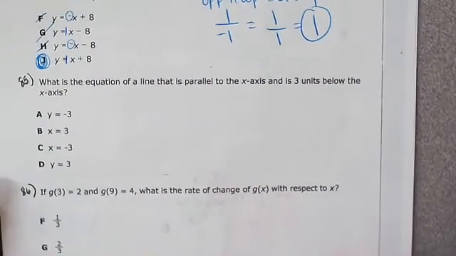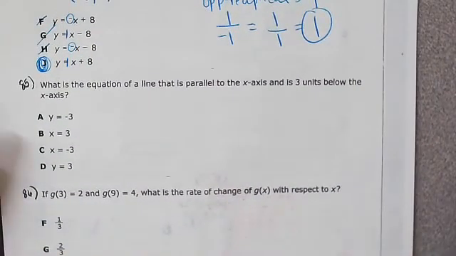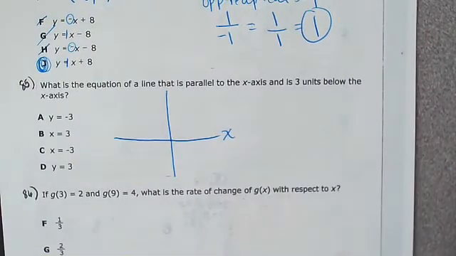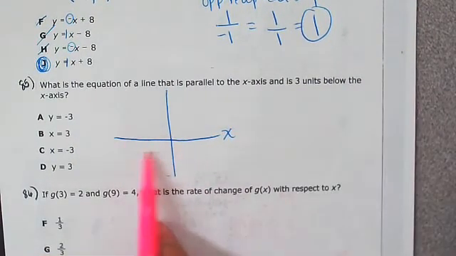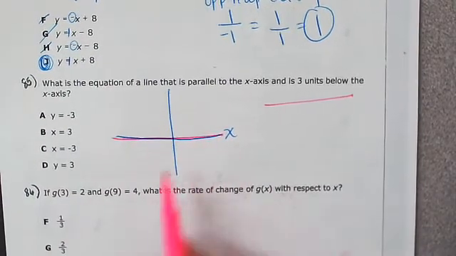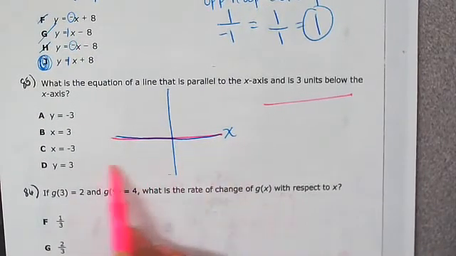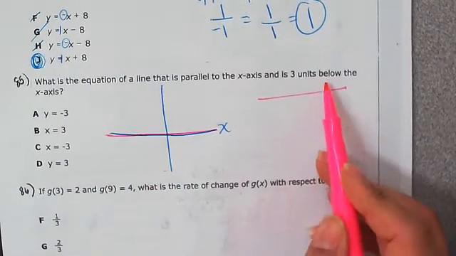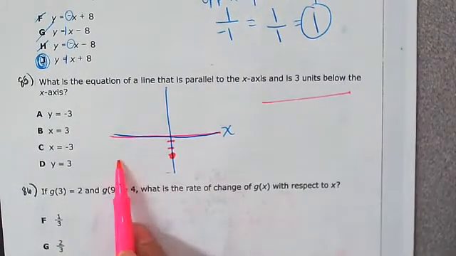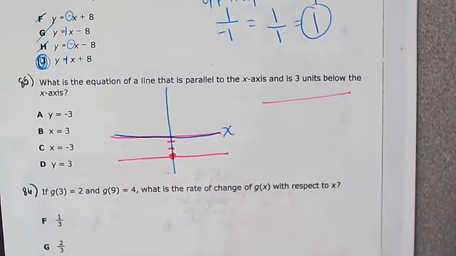What is the equation of a line parallel to the x-axis and is 3 units below the x-axis? Okay, let's talk about this. This is the x-axis. If I want a line parallel to it, it's got to be like another one like that. Because this is the x-axis. If it's parallel, it has to not cross it, right? 3 units below. 1, 2, 3.